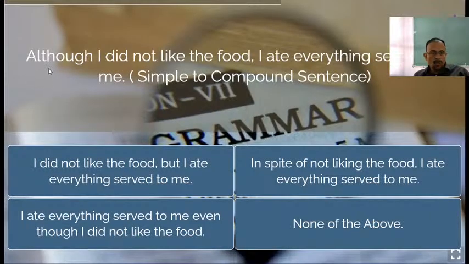Now, you see, although I did not like the food, I ate everything served to me. Simple to compound. Now we have switched over to the compound sentence. So tell me, what is the example of a compound sentence? Although I did not like the food, I ate everything served to me.